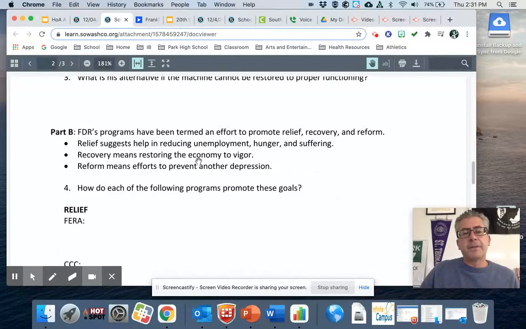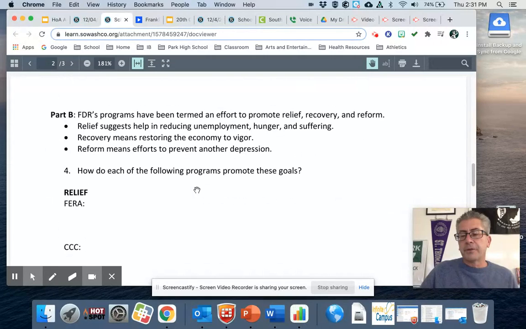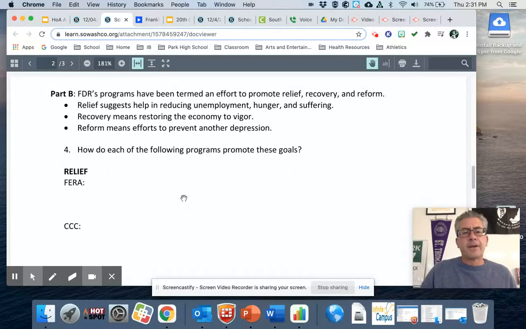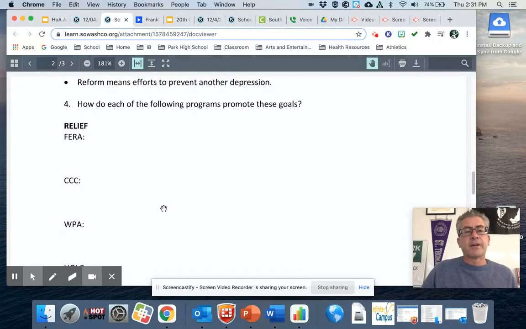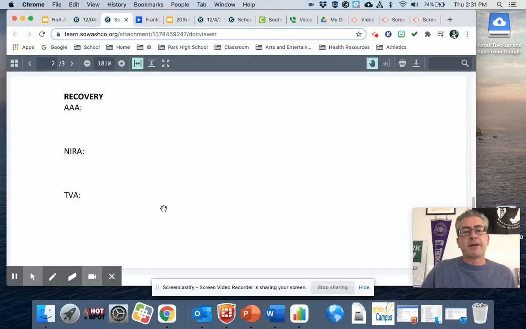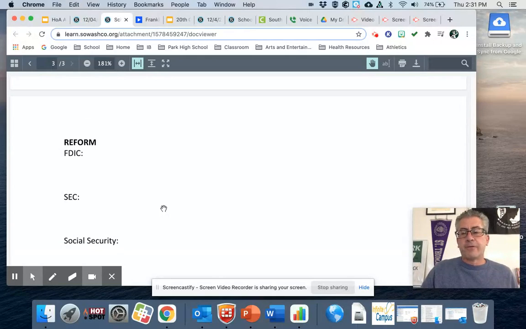Now, when you get to part B, this is where you're going to probably use chapter 33, or you're going to GTS it, which means Google that stuff. And this is really looking more at what the components of relief, recovery, reform are. And so we have it organized where here are some examples of relief programs, examples of recovery programs, and examples of reform programs.